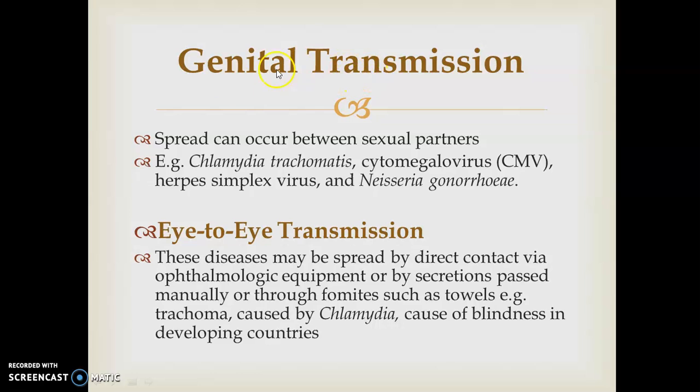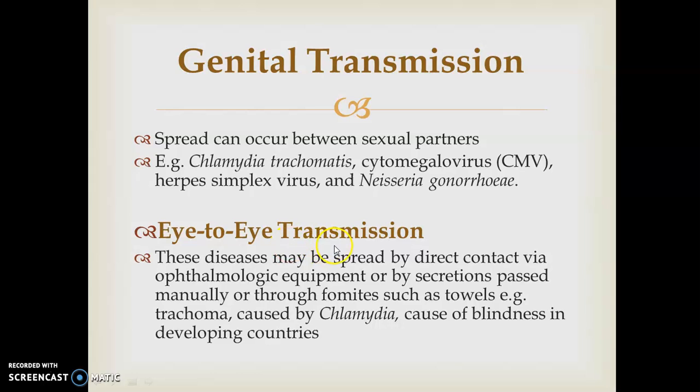The other is genital transmission. In genital transmission, the spread occurs between two sexual partners. For example, Chlamydia trachomatis, cytomegalovirus, herpes simplex virus, and Neisseria gonorrhoeae. So these diseases are transmitted by genital transmission.